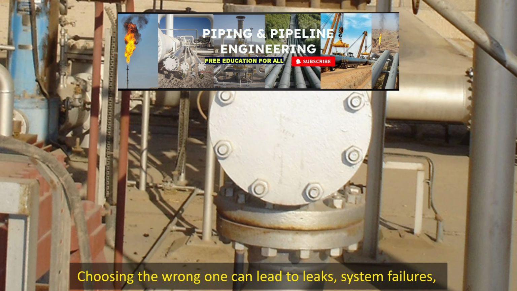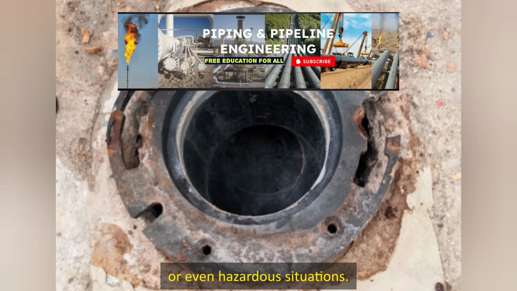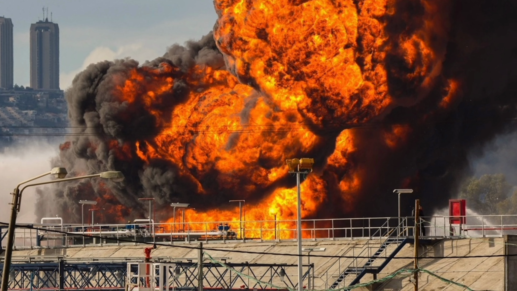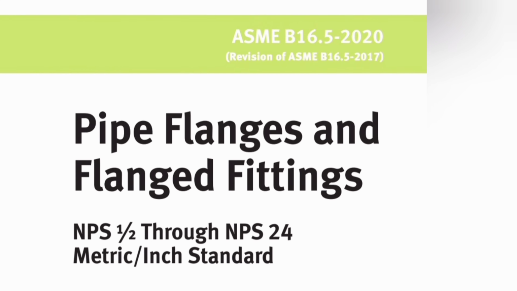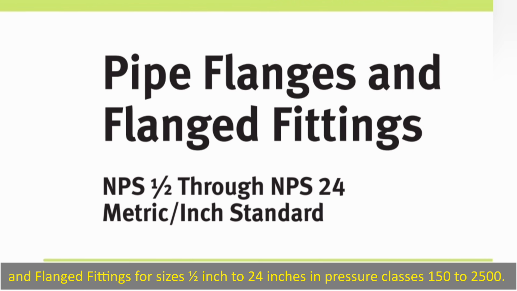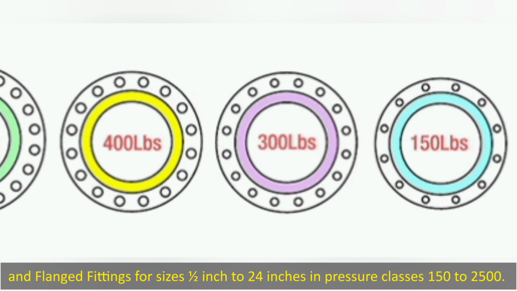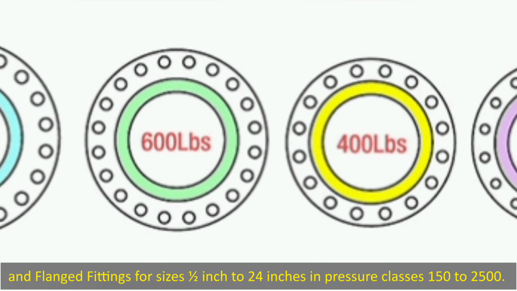Choosing the wrong one can lead to leaks, system failures, or even hazardous situations. ASME B16.5 is the standard that governs pipe flanges and flange fittings for sizes half an inch to 24 inches in pressure classes 150 to 2500.